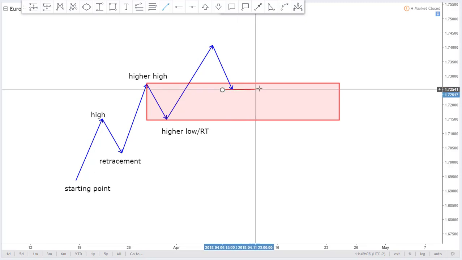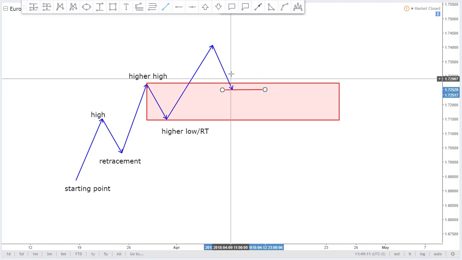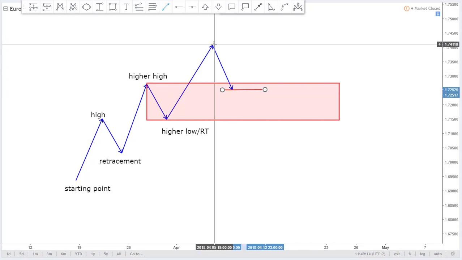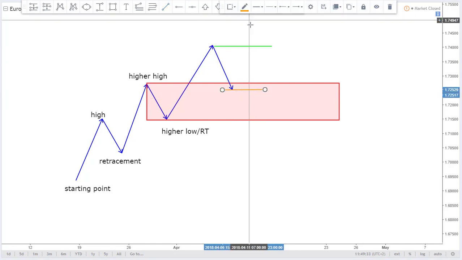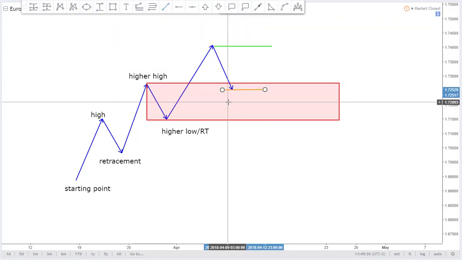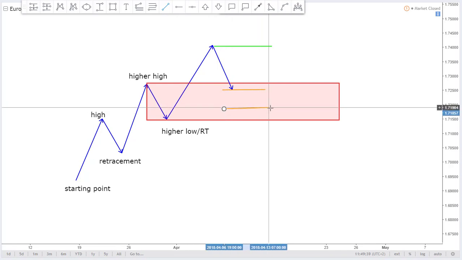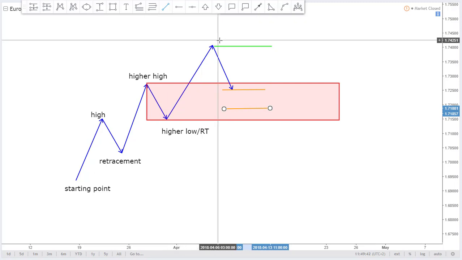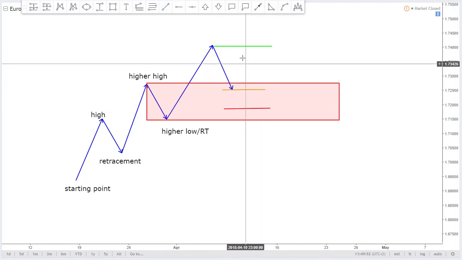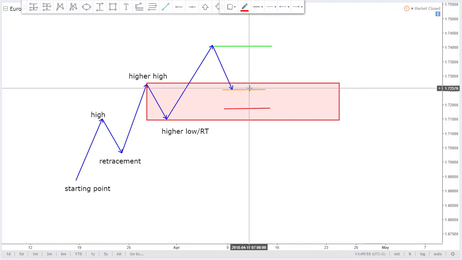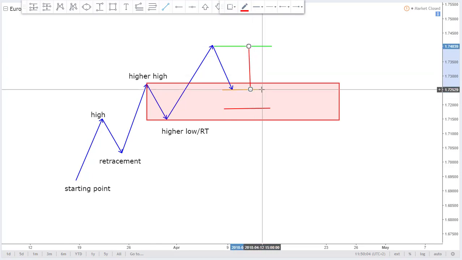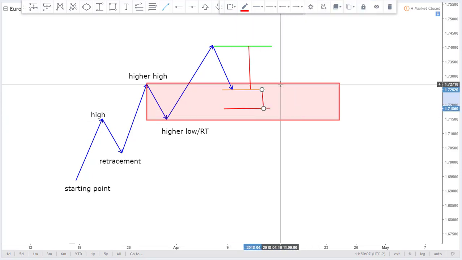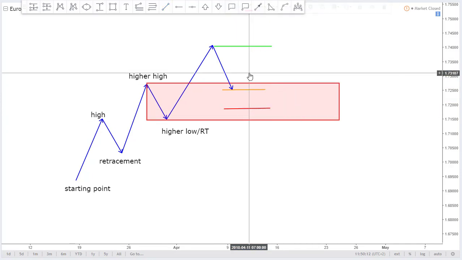You would have your entry level right here, your targets are over right here, then you would have your stop loss somewhere right here. Now you have a pretty good risk to reward. If you take your trade in anticipation of a retest of those highs, you have this much reward and this type of risk, which is 1:3 risk to reward.